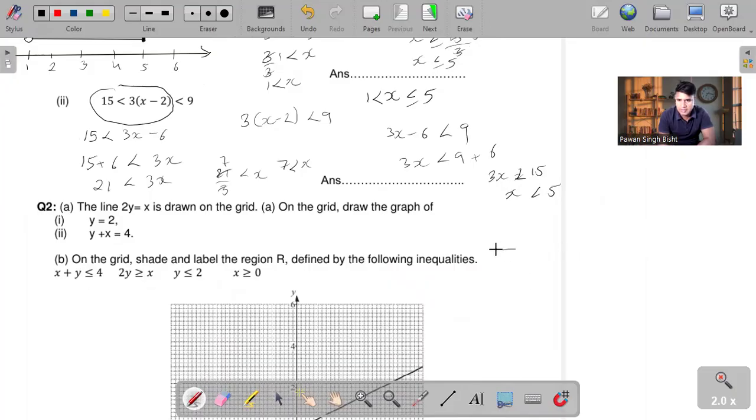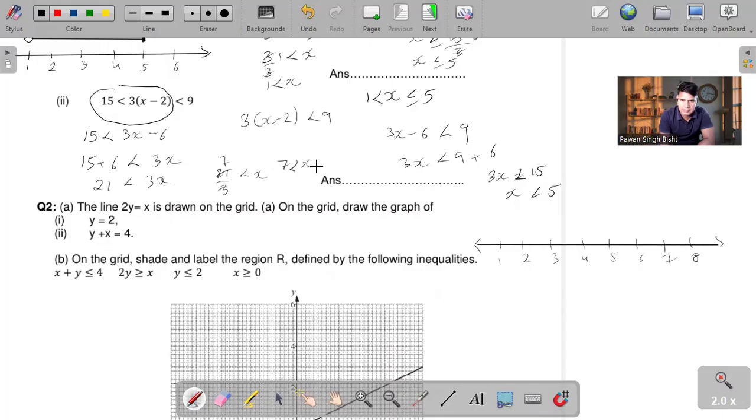So first we draw a number line here. So this is my number line. I make arrow both side and I take numbers from 1, 2, 3, 4, 5, 6, 7, 8 and so on. So it says x greater than 7.